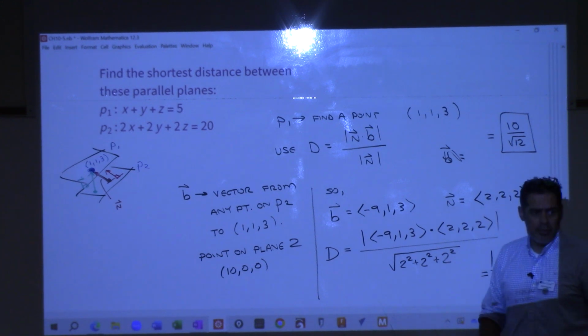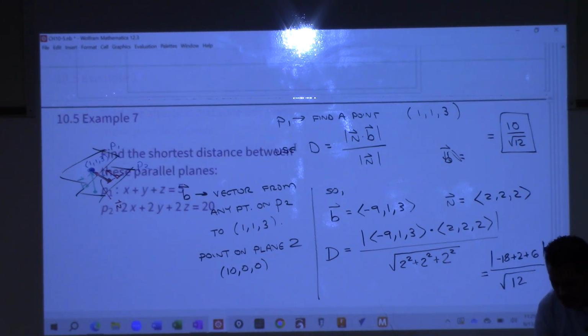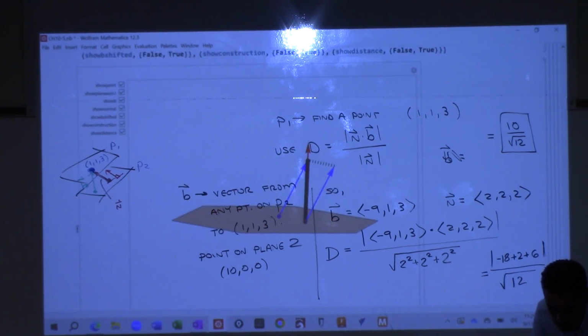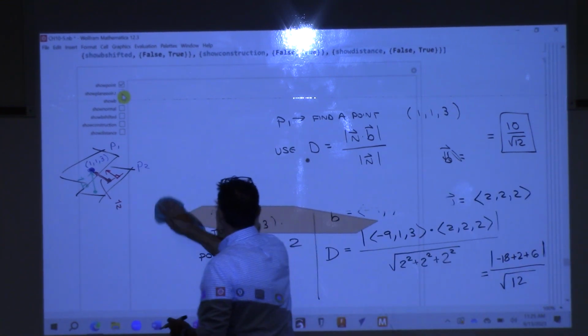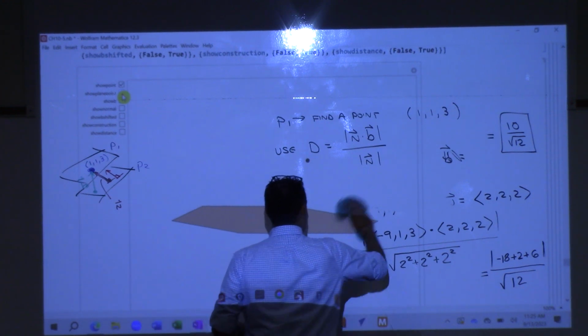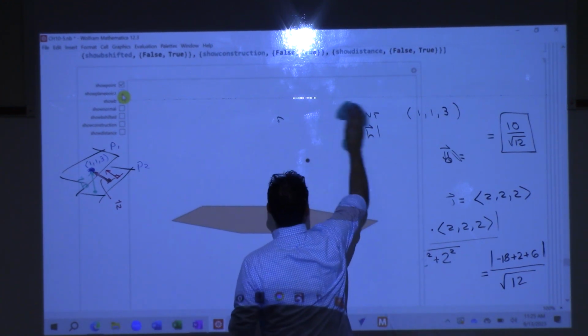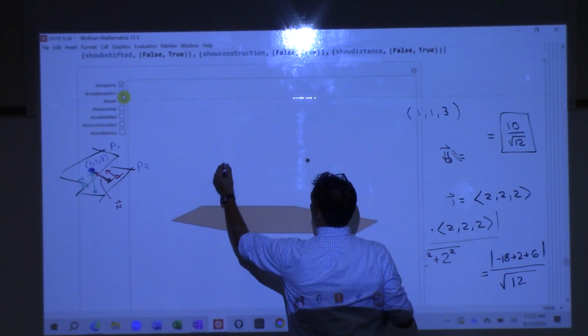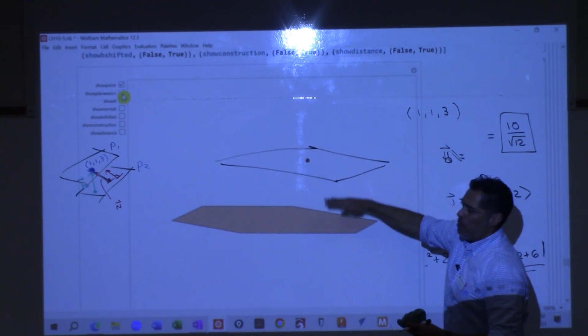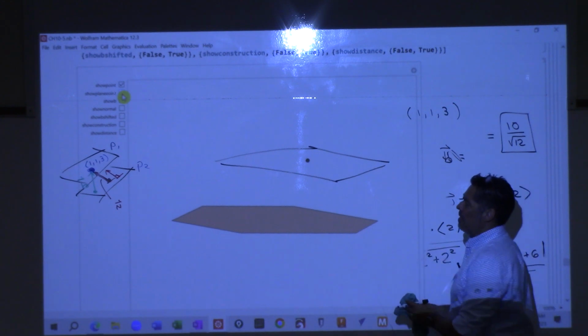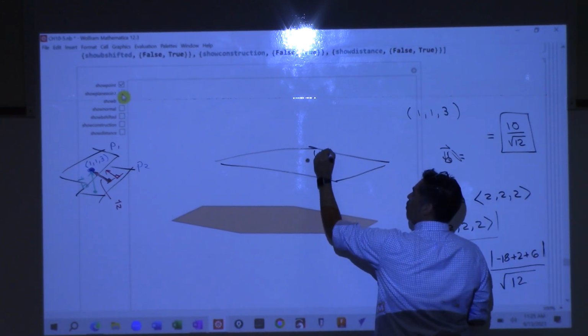Let's run through it geometrically again with my visual here. So we started out with two planes, right? I'm just going to imagine there's another one right up here. The first thing we did is we found a point here, 1, 1, 3.